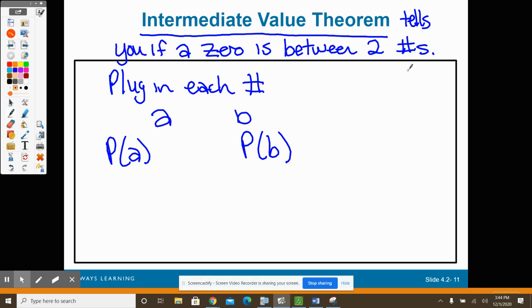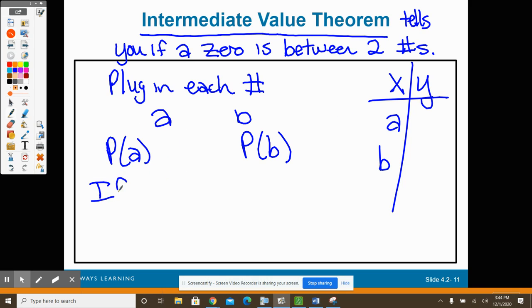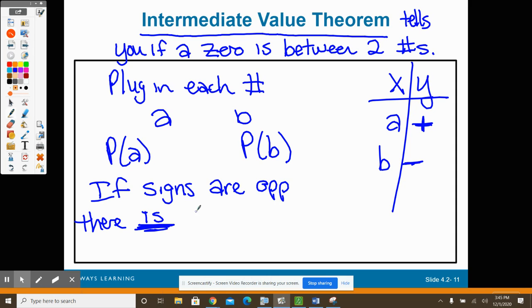So think about what this means. If you have an XY table, and I plug in A here, and I get a number, and I plug in B here, and I get another number. What this says is, if the signs are opposite, meaning one of these is plus and one of these is minus, there is definitely a 0 between the numbers.